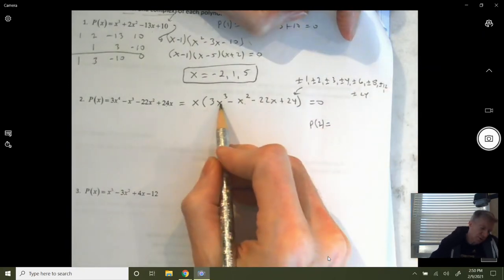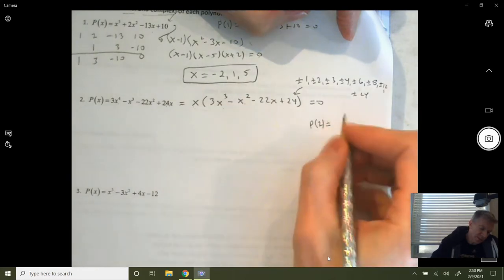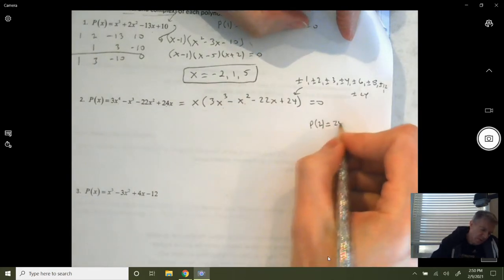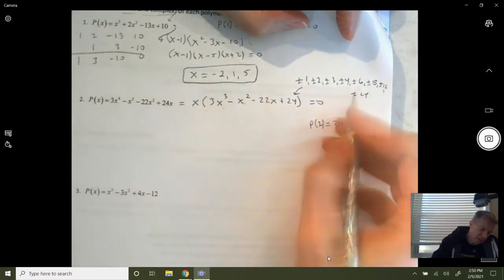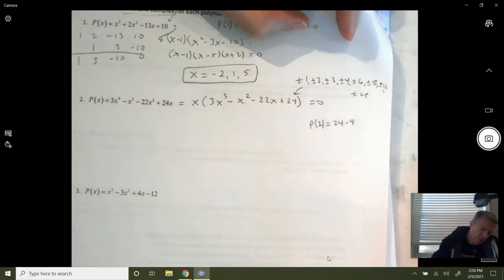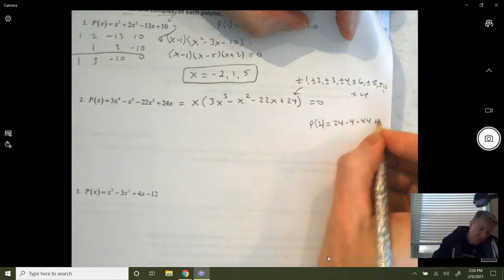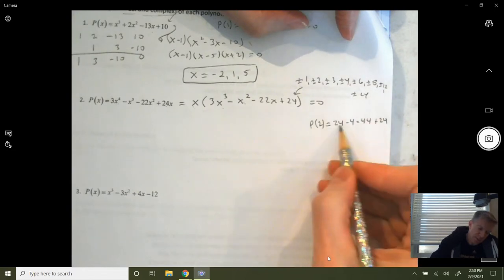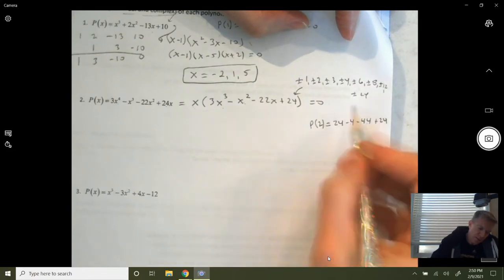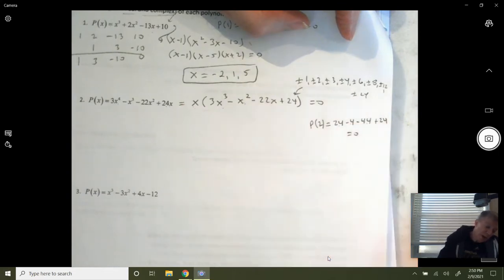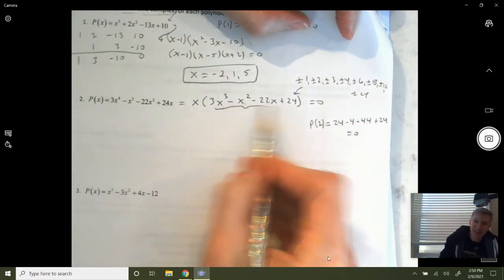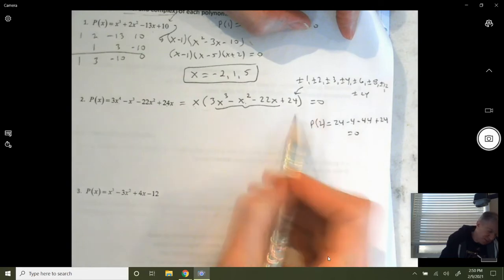3 times 2 cubed is 8. 8 times 3, we've got 24, minus 2 squared, minus 22 times 2, plus 24. Guys, that's going to be 0, negative 24 plus 24. That works. So now I'm going to take this thing, and I'm going to divide by x minus 2.